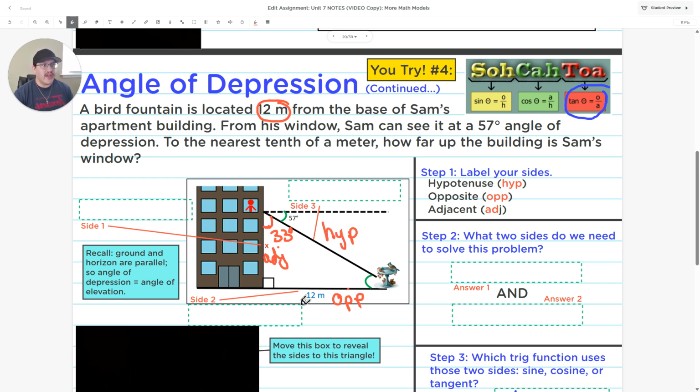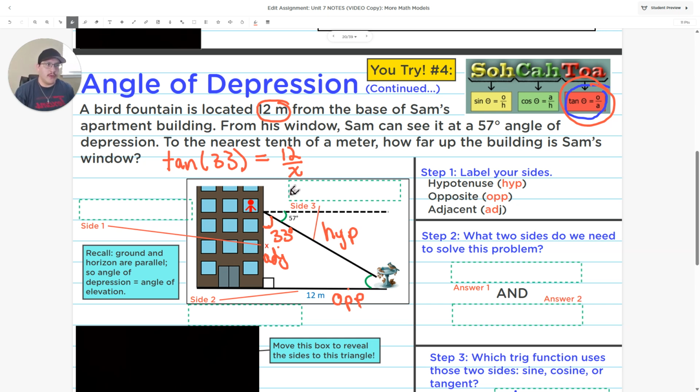Now, this doesn't really change much in terms of sine, cosine, and tangent. Tangent is still going to be the one we use because that involves the opposite and adjacent. So we're going to use tangent of 33 is equal to the opposite, which is 12, over the x, which is the bottom. But now notice where our values are located.